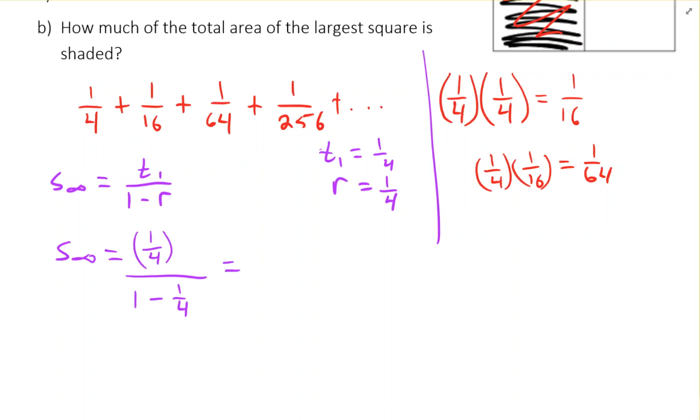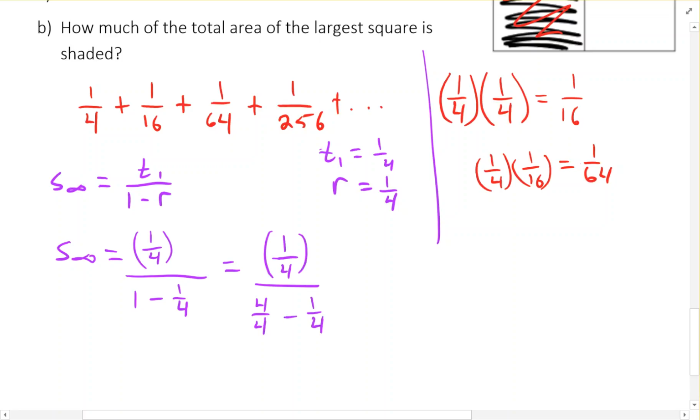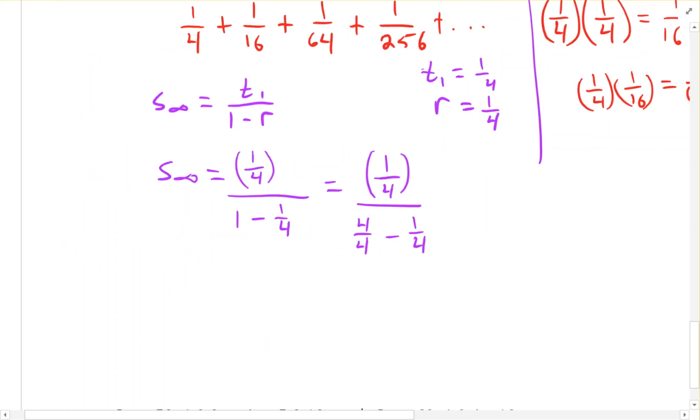So I'm going to write this out as 1 over 4 still. And I'm going to write the bottom as 4 over 4 minus 1 over 4. So now we can subtract those. Just maybe doing too many steps here for you, I don't know. So it is equal to 1 over 4, and then on the bottom, we've got 4 over 4 minus 1 over 4. So it's going to be 3 over 4.